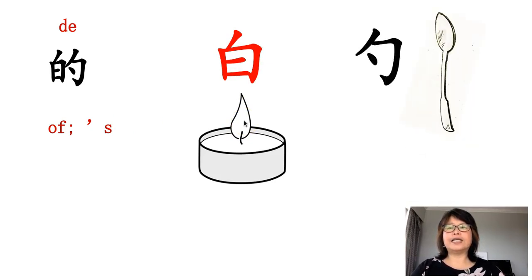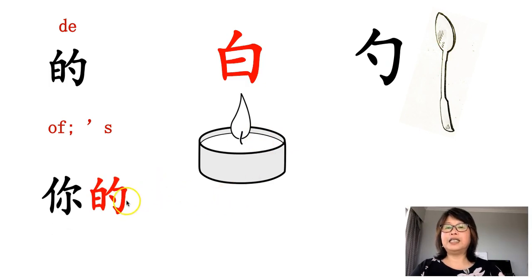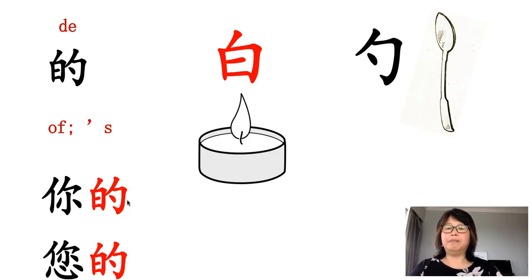On the right hand side is like a spoon, so at night we need the light to get mom's soup. For example, 你的妈妈 your mom, 您的妈妈 your mom as well, but 您 here is the respectful form.